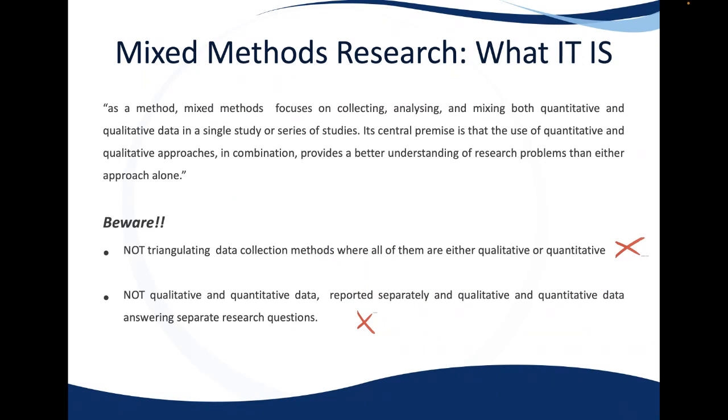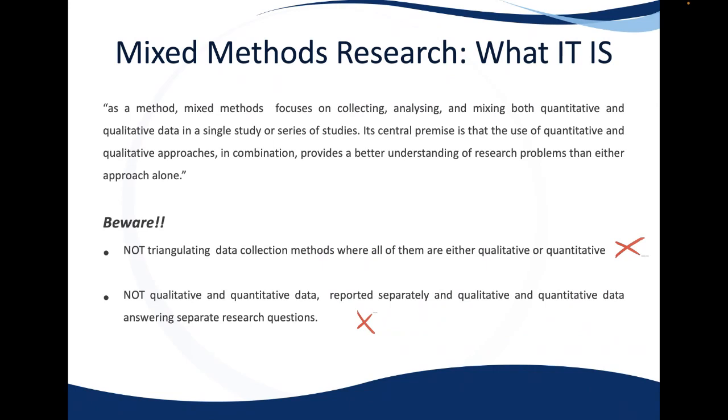But how they are mixed is what tells you the different types of mixed methods research that we are referring to. So firstly, mixed methods research, as I've said, focuses on collecting, analyzing, and mixing both quantitative and qualitative data in a single study or a series of studies that are related to a particular study purpose or study aim.